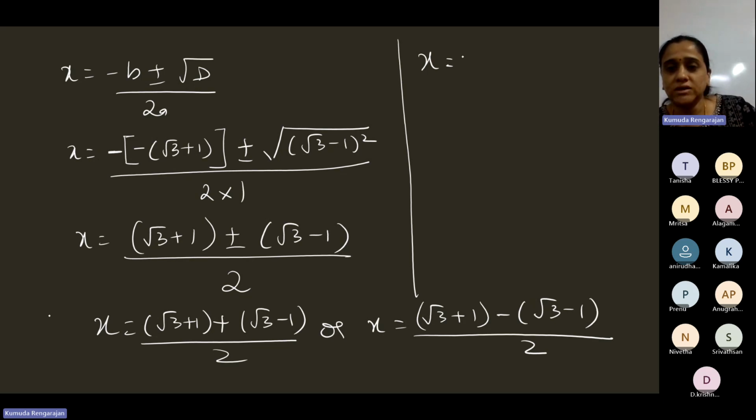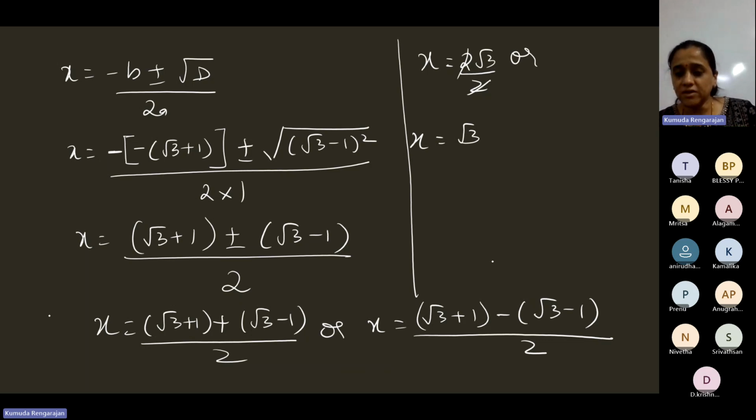So 2 root 3 by 2. X is equal to root 3. Or here when you open the bracket, it will be minus root 3, so plus root 3 minus root 3 will get cancelled, and 1 plus 1, 2. So 2 by 2, or x is equal to 1.